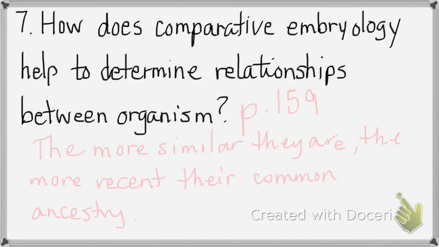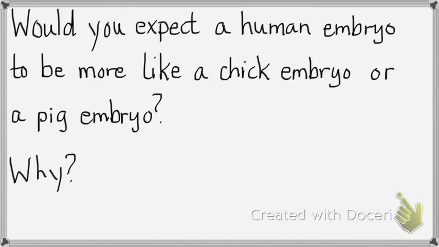Everybody okay on that one? Super. I like this part. Would you expect a human embryo to be more like a chicken embryo or more like a pig embryo? I agree, pig. And then why? They're both mammals. Good job.